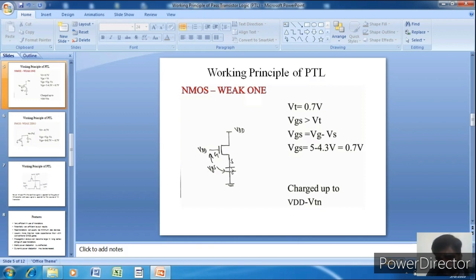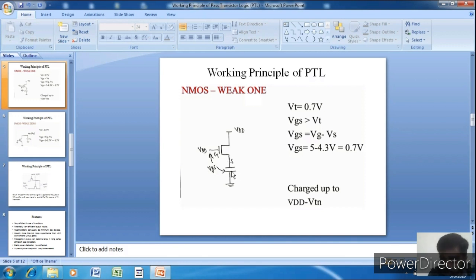When we apply a logic 1 value to the gate of the MOSFET, we can see that the capacitor connected at the source of the MOSFET starts charging. So it increases from 0 to 1, 2, etc. When it becomes 1, our VGS value is VG minus VS, that is, VDD is 5 volt, so 5 minus 1, that is 4.